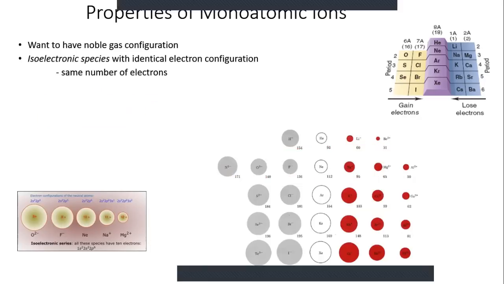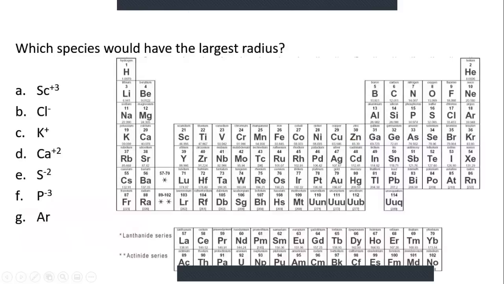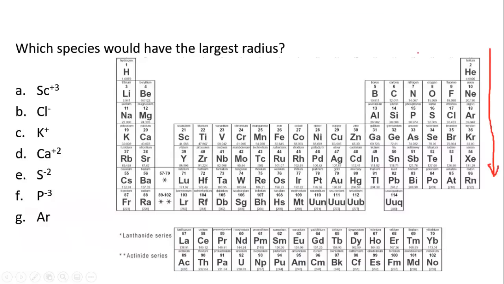Let's look at some examples involving this. So we want to know which species would have the largest radius. So remember that from what we learned, radius increases as we go down a group. So we have scandium 3+, chloride, potassium plus, calcium 2+, sulfide, phosphide, and argon.